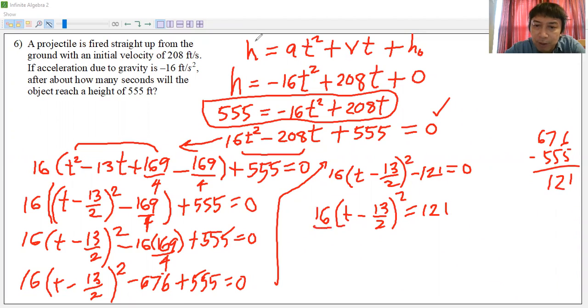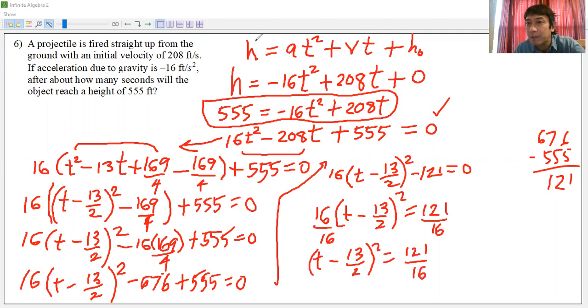You divide here by 16 and divide this by 16. And we will have t minus 13 over 2 squared equal to 121 over 16. And then we will be applying square roots to both sides.